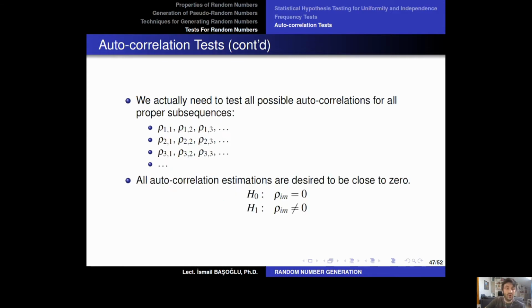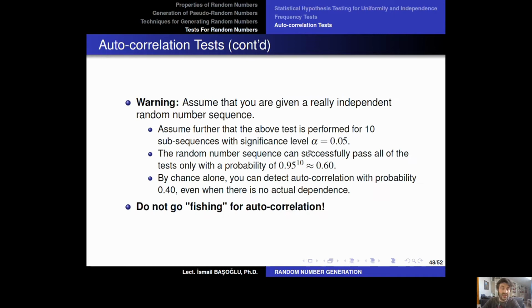Now you see, if you perform an autocorrelation test with this null hypothesis, even though the random numbers in the sequence are totally independent from each other, there is a 0.05 chance to reject the null hypothesis, okay? So even though the sequence is independent, you can still reject the fact that it is independent.